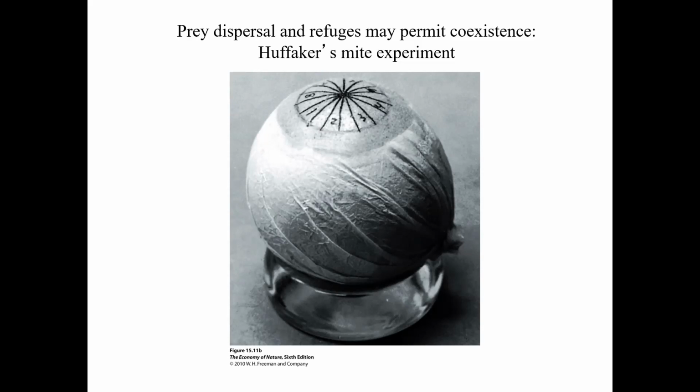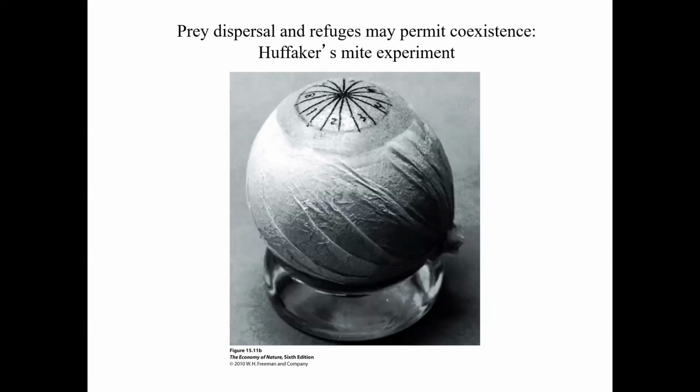And of course, because mites are tiny and he didn't want to look at that many mites, he wrapped an orange, mostly in wax paper, and just left a little bit available for the mites. He divided the orange into sections with a ballpoint pen so he could count the number of mites in each little section. And that gave him a much easier way to study the numbers of the predators and the prey.